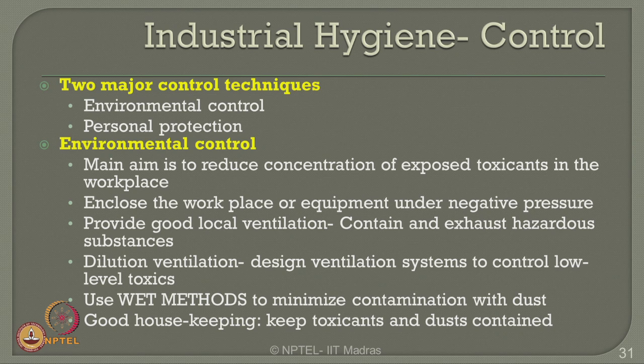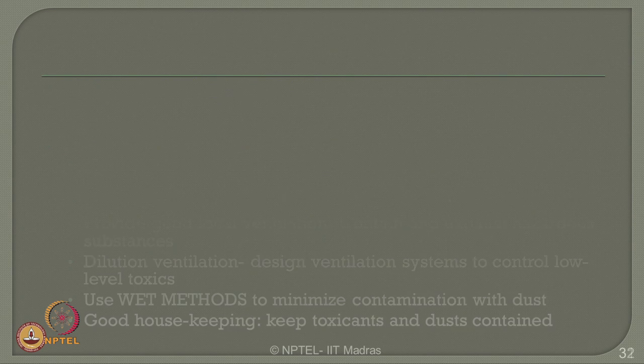Dilute ventilation means you must design the ventilation system to control low level toxicants. Use essentially wet methods to minimize contamination with dust. Good housekeeping, as we discussed in the first module, is one of the key tools to have very good control measures for environmental control.